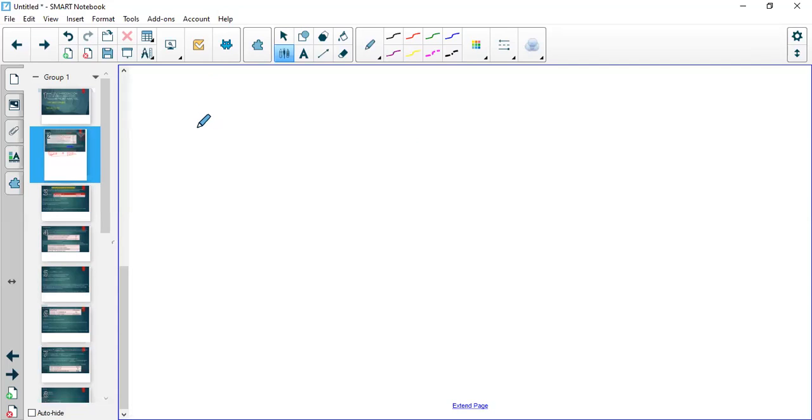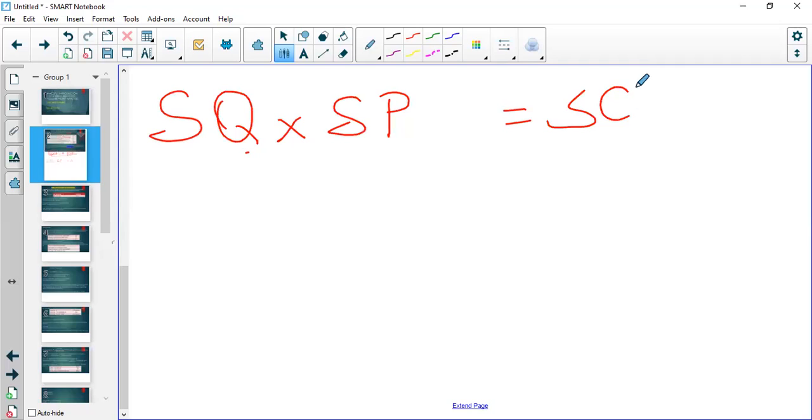Remember, we need the input and its price to determine the cost per unit. Okay, so we're going to have a standard quantity, all right, multiplied by a standard price of that quantity. So that's going to give us the standard cost per unit.